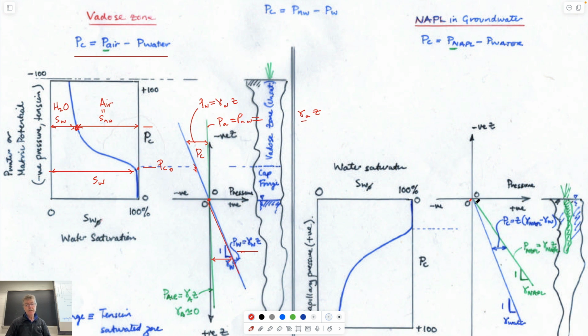If there's a fluid within there which is denser than water, then the pressure will build faster as a result of that. And so if you look at this green fluid being a continuous phase as you go down from the ground surface, the pressure will build so that at this particular depth here, the pressure will be this amount.